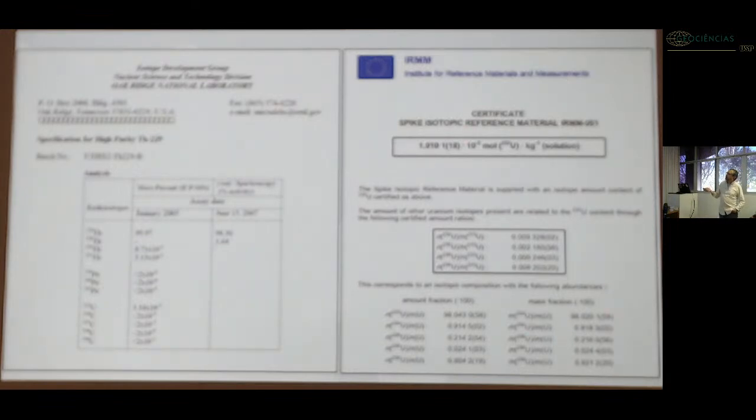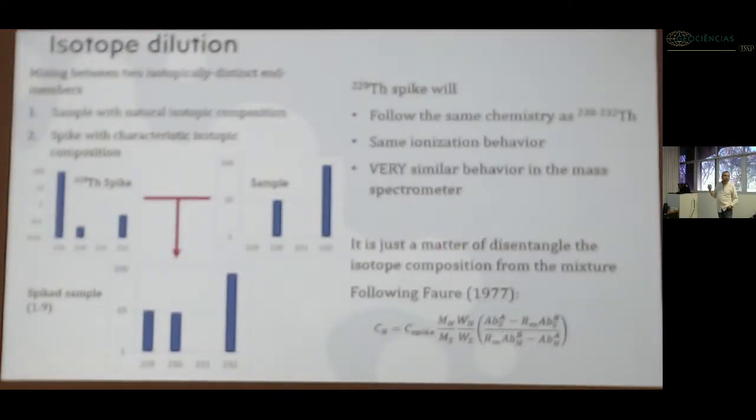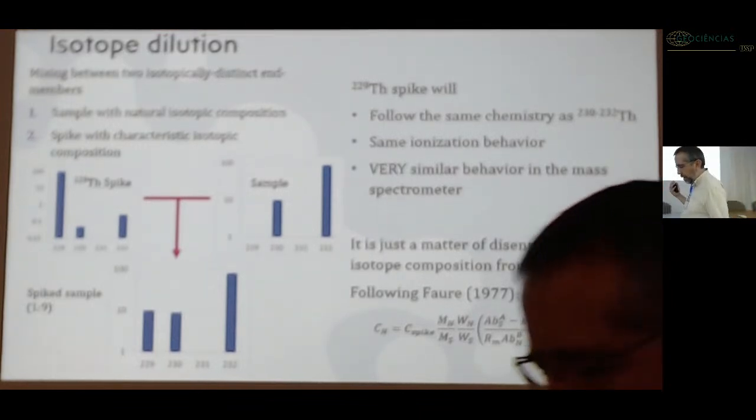That's mostly uranium-233. It's 98.02%, with the uncertainties pretty well characterized. The isotope ratios that are required are certified. So what we do is mix two isotopically distant end members.